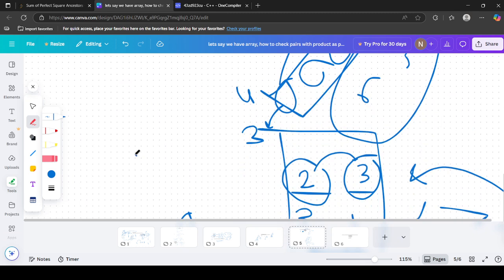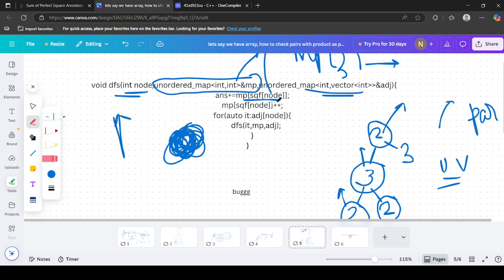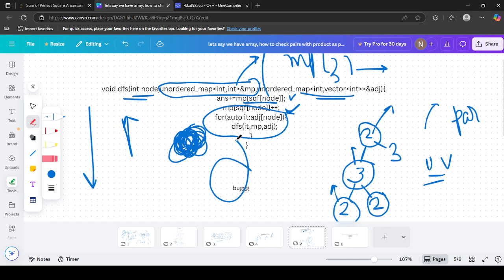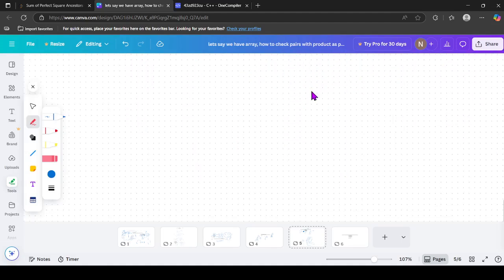So for example, if the map has 2, it means there are 2 other ancestors. This node is not included in the map yet. So we got 2 other ancestors. So simply add 2 to the answer. And then increment the value in the map. Then simply do DFS and finally return the answer in the main function. But is this correct? Let's run it.